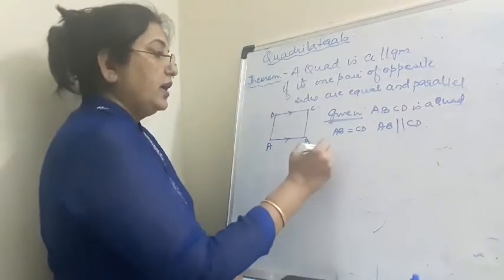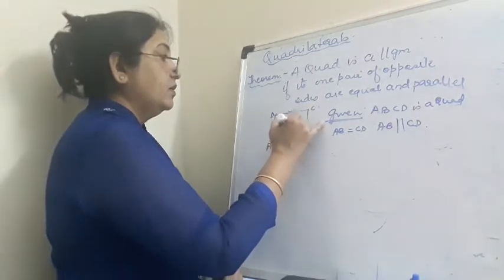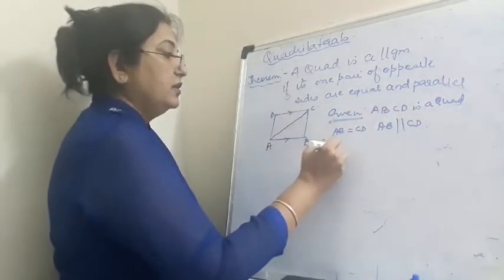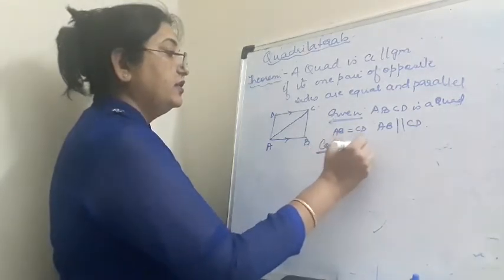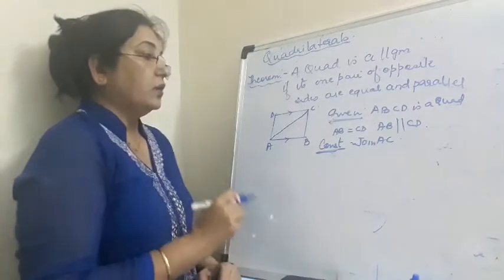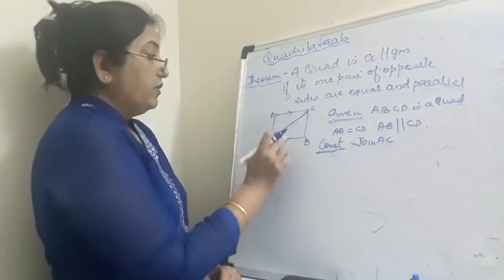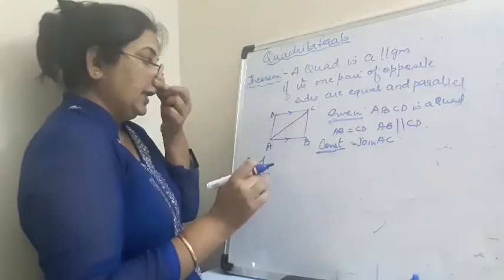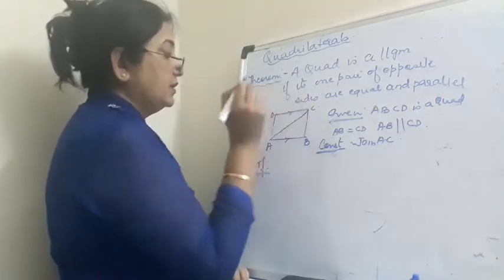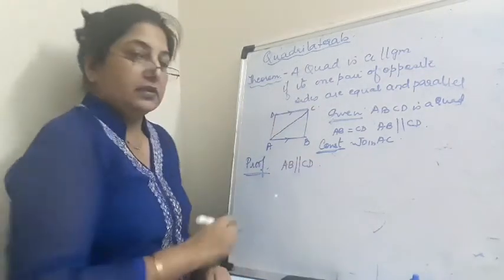For this we have one construction: let us join AC. So in the construction part we write, join AC, which is a diagonal. Now, starting with the proof, we will use this pair. We know that AB is parallel to CD.